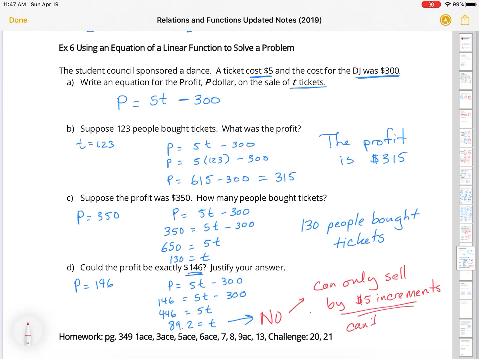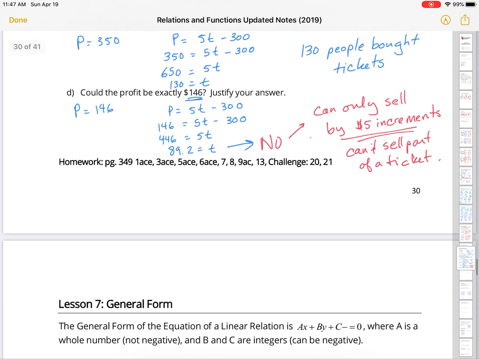So you can't sell part of a ticket. It's all or nothing. Okay, so we just have to kind of use our knowledge of equations to kind of know exactly what's going on and thinking about what these numbers mean.